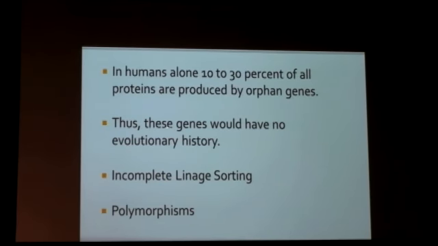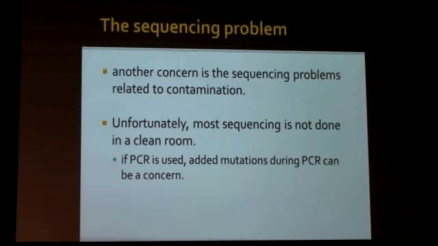So these genes have no evolutionary history, and they explain them by massive mutations. Okay? And we talked earlier, the other speakers, about incomplete lineage sorting. This is a big, big problem with this theory. And the biggest problem, well, we've got contamination.